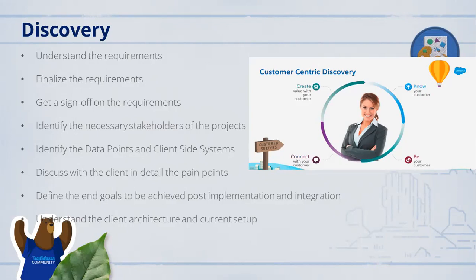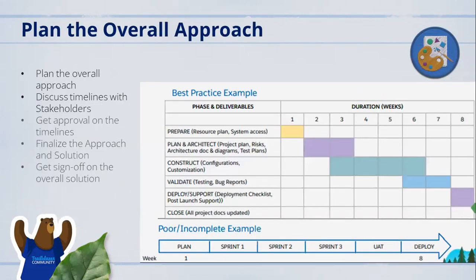Post the discovery, this is where you have a zeroed down plan. We know the requirements, what the client requires, and the client architecture. So you build an actual plan based on each module, each studio, each builder, in terms of email, SMS, WhatsApp, the integrations, and journeys if they are involved in the scope.